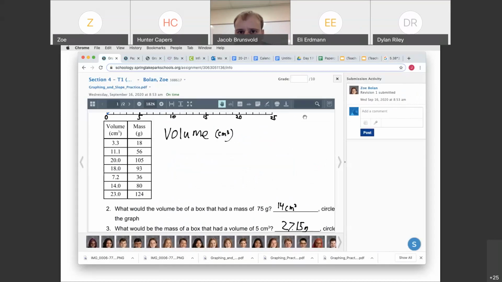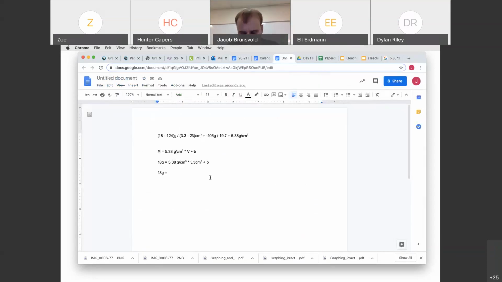So I'm thinking you're going to be pretty close, Zoe. 17.8 grams. Sorry, my bad, not grams per centimeter cubed, just 17.8 grams.